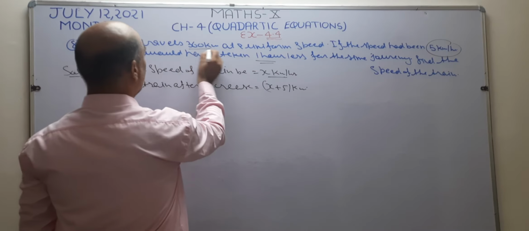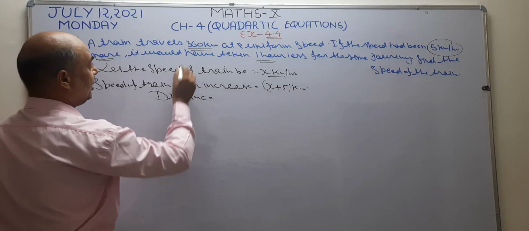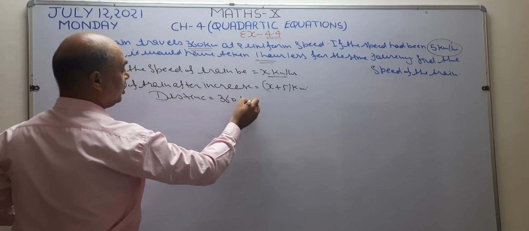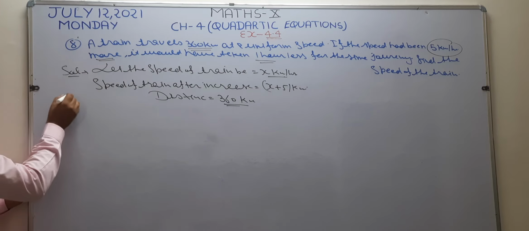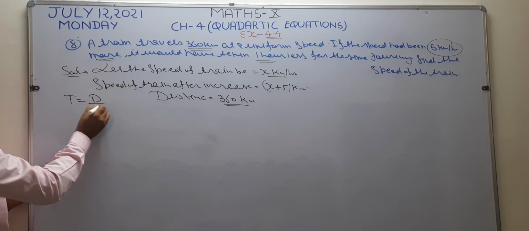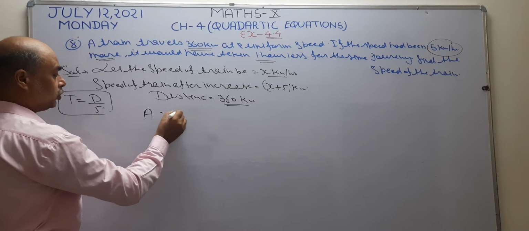And the distance is given. Distance the train is going to cover is 360 km. Now finding the time, formula is distance upon speed. Okay, I want to use this one. So I write here according to question.